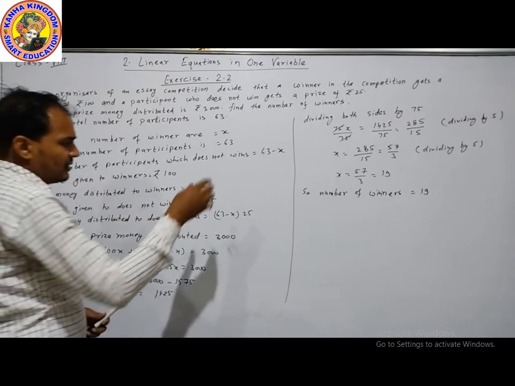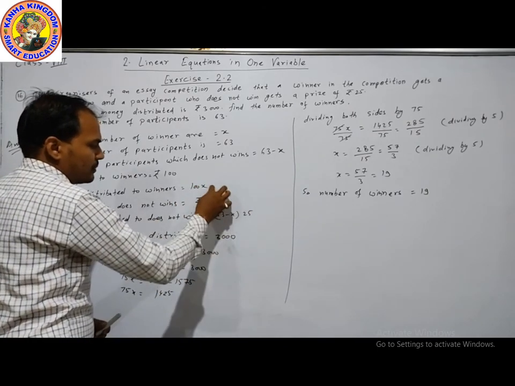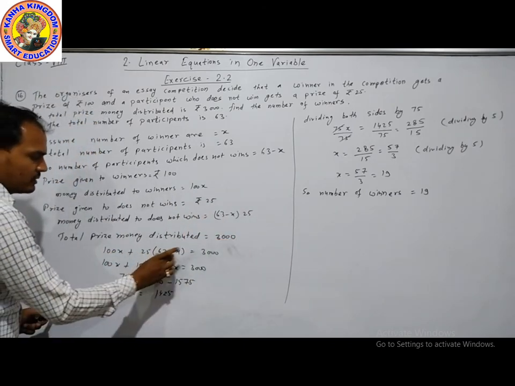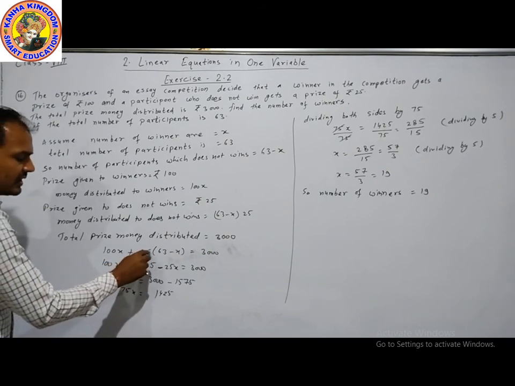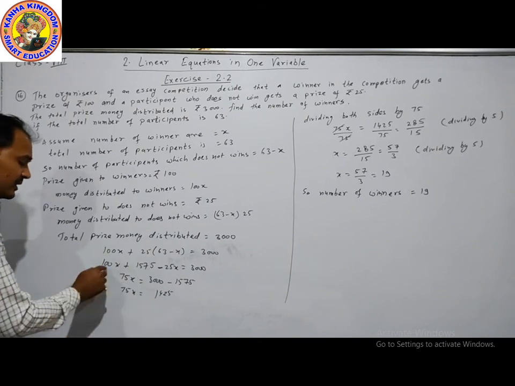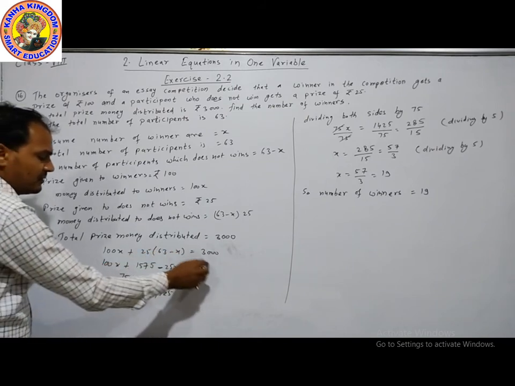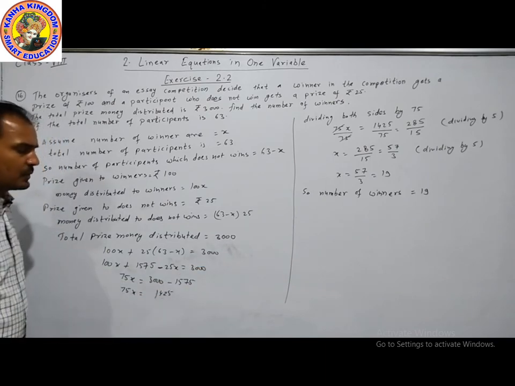So the winners' prize money plus the losers' prize money, the addition, is 3000. When we open the bracket, 25 into 63 and 25 into X. 100 minus 25 is 75. When we transpose, the plus will change into minus. 75X is equal to 1425.